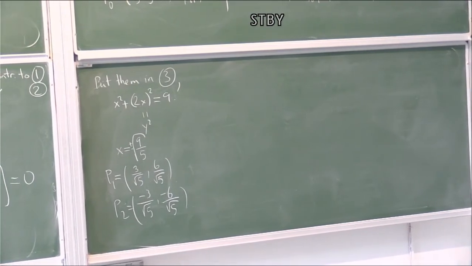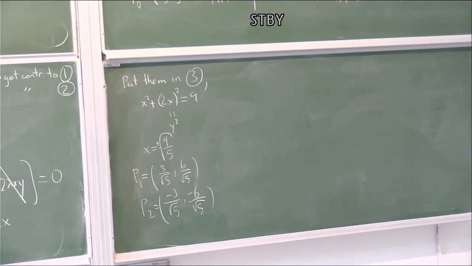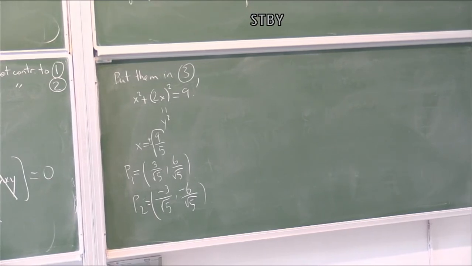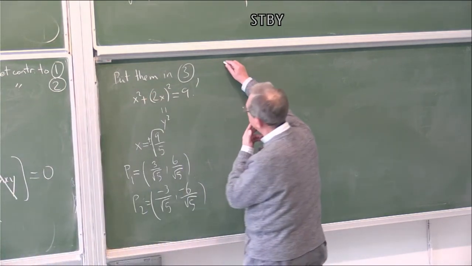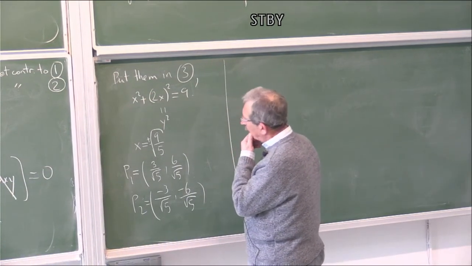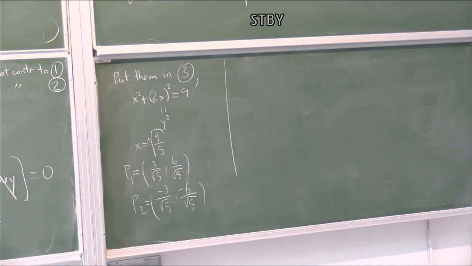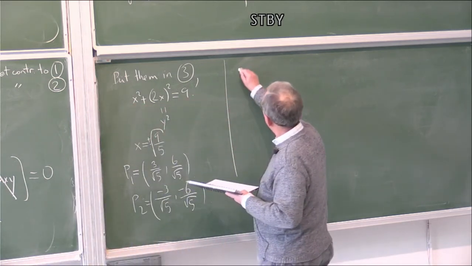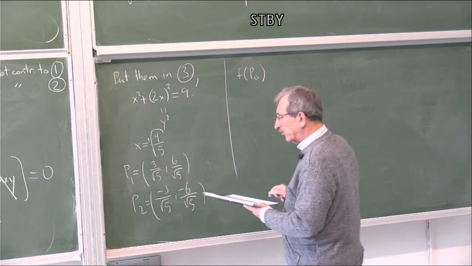Well, let me not do the calculation. Directly copy from here. So f of P0 would be 1.